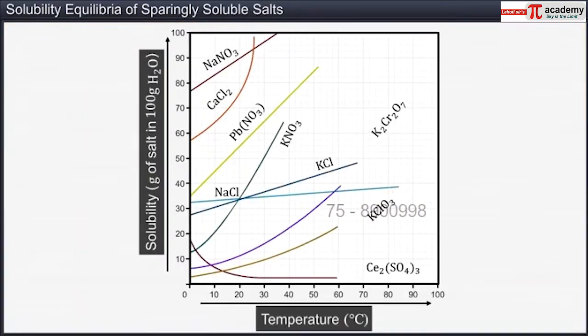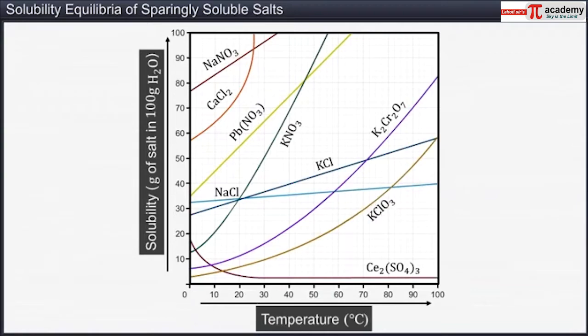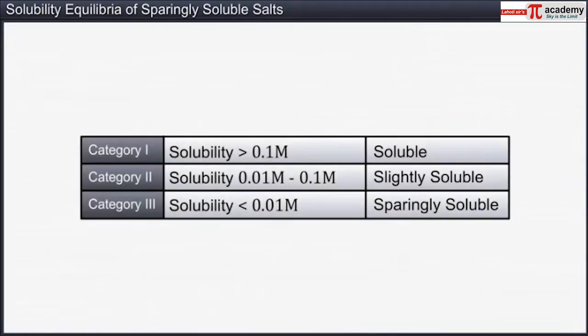We are familiar with the fact that each salt has its characteristic solubility at a given temperature. Depending on the extent of solubility, salts are classified into 3 categories. Salts with solubility greater than 0.1 moles per liter are considered to be soluble.